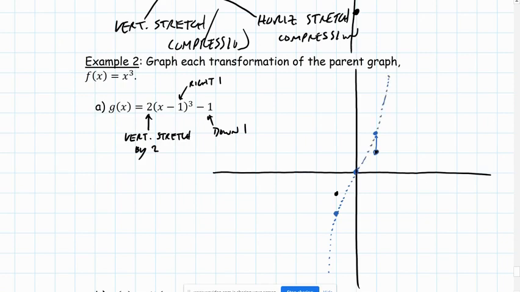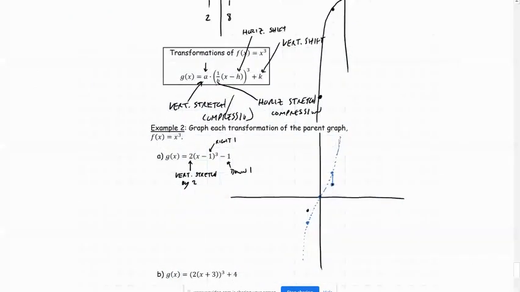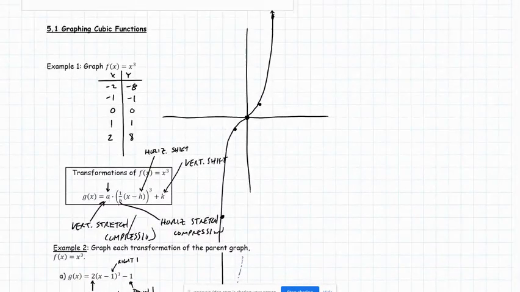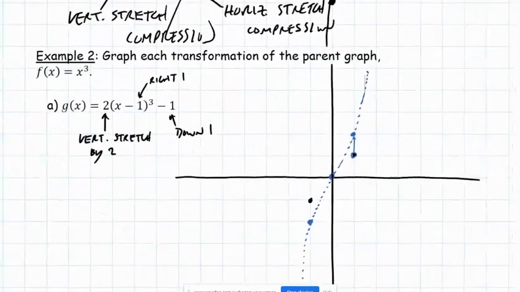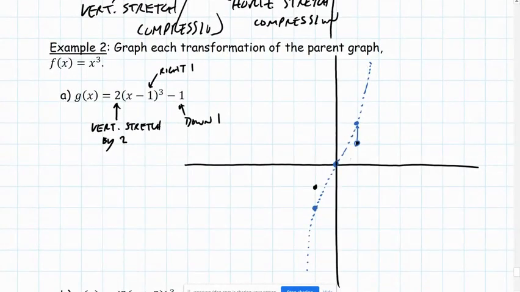If I had applied that same multiplier to this original parent graph we had up here, the next points would be 8 and -8 would become -16 and +16, and so those would be pretty hard to get on this graph. So that's why I just focused on those 3 points that are close to the origin. Okay, so now this blue dotted curve, we're ready to shift it right 1 and down 1. So every point is going to go right 1 and down 1. So this point, right 1 and down 1 goes to there.